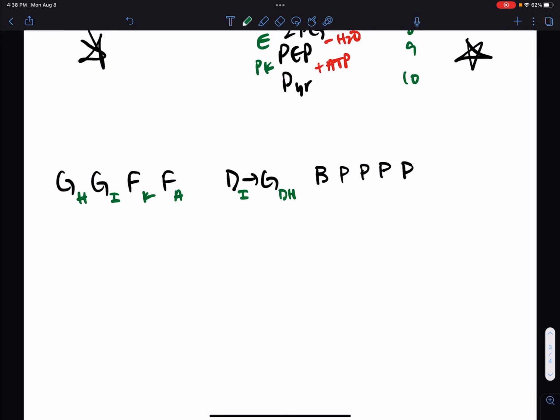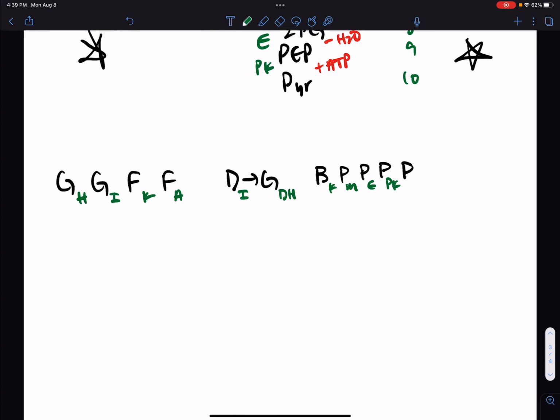From 1,3-BPG to 3-PG, I used kinase, and then mutase, phosphoglycerate mutase, and then enolase, and then pyruvate kinase. So I just used PK there.